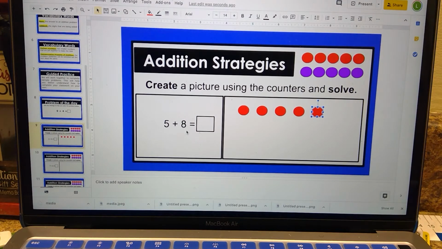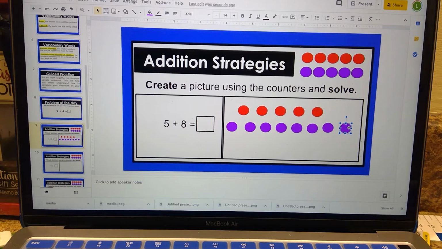Now, the next number that I would like to show is 8. I want to add 8 to 5 plus 8. So let me count. We got 1, and I like to use different color counters to show that I'm adding another number, adding the second additive. 2, 3, 4, 5, 6, 7, and 8.